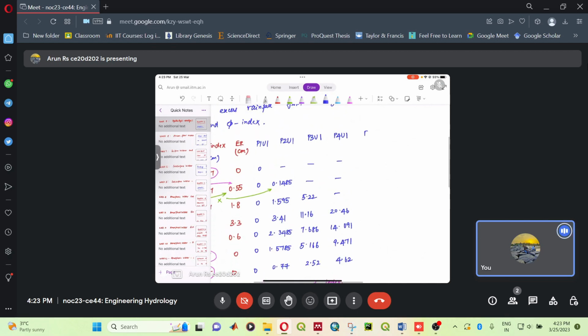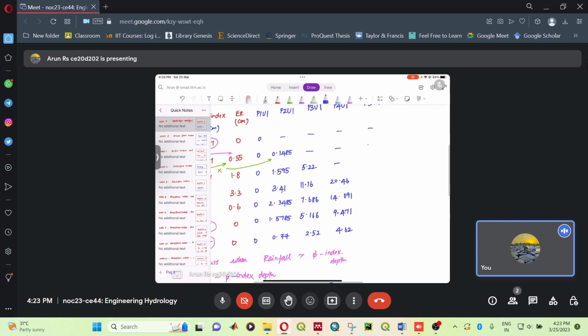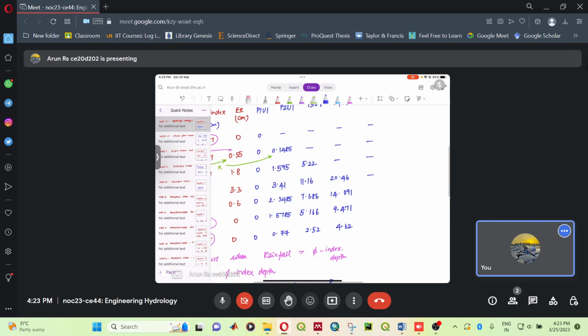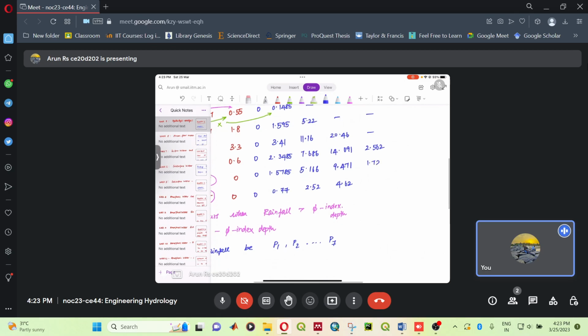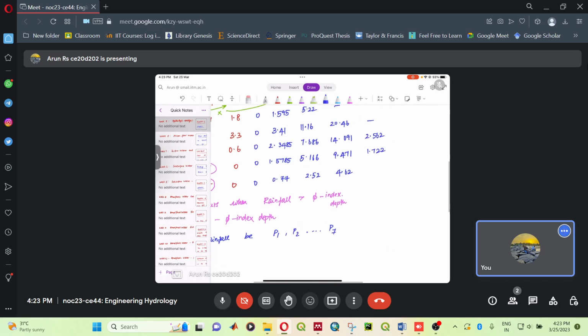Then we have the P5 U1. So the first 4 rows will be blank. The rest of the 3 rows will have the values 2.562, 1.722, 0.84.